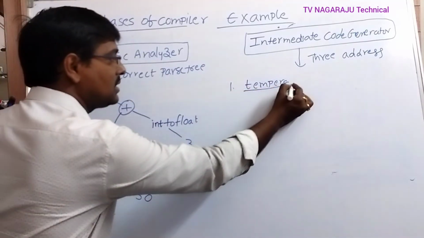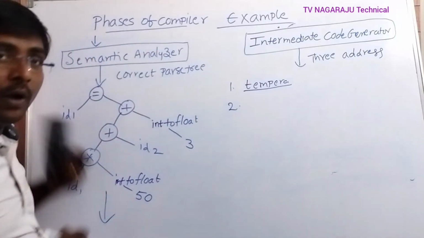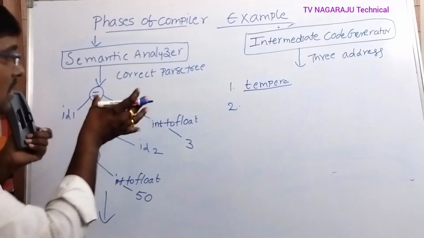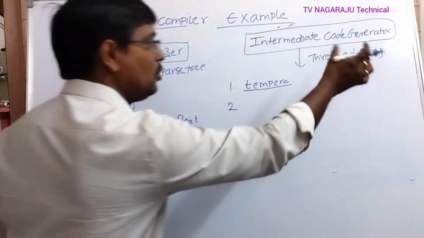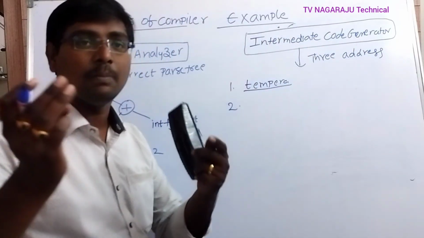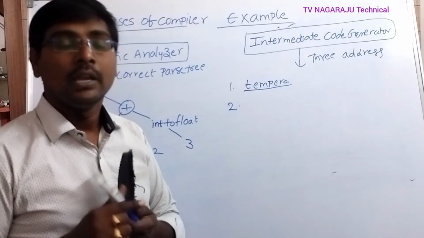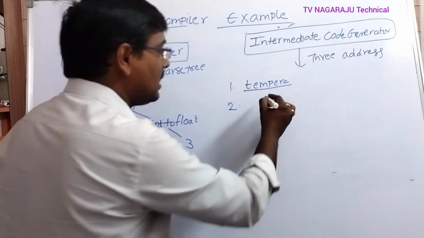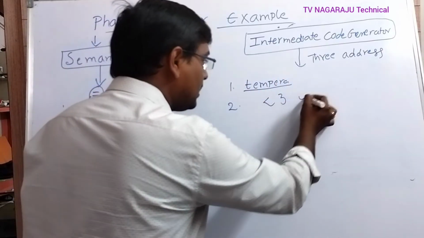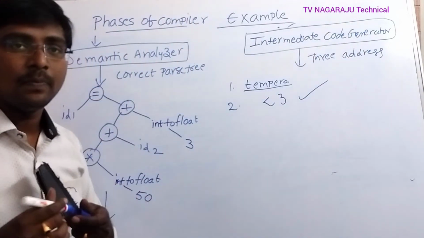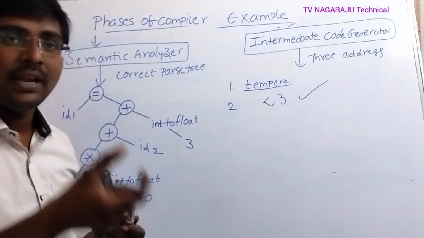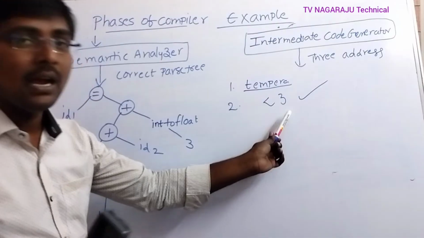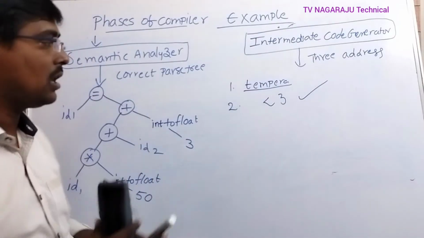So the first one is temporary variables. Generally we think that 3 address means a maximum of 3 operators. Not only that, it can contain less than 3 operators, which is also allowed.